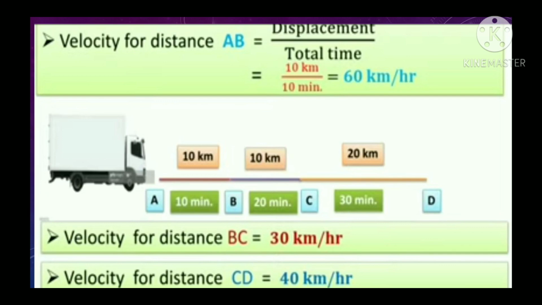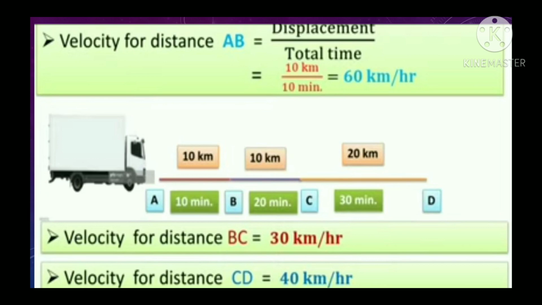See, 40 km per hour is greater than 30 km per hour. Also we can tell the velocity for distance AB, 60 km per hour, is greater than the velocity for distance BC. From the number of seconds required for this change in velocity to take place, the change in velocity per second can be deduced. This is called acceleration.